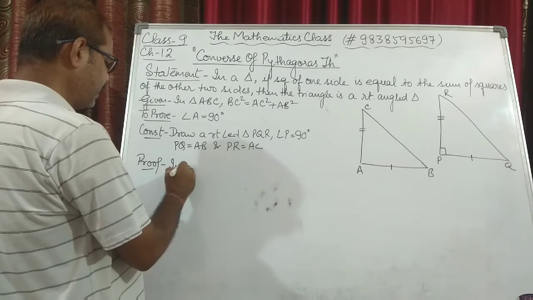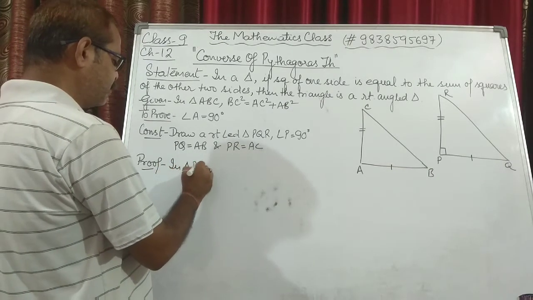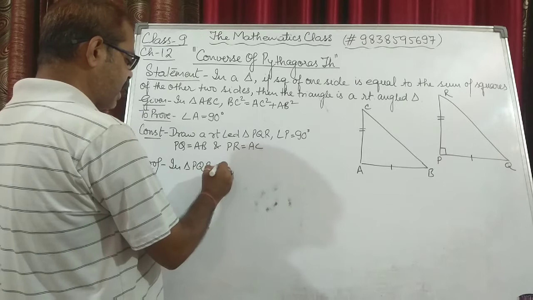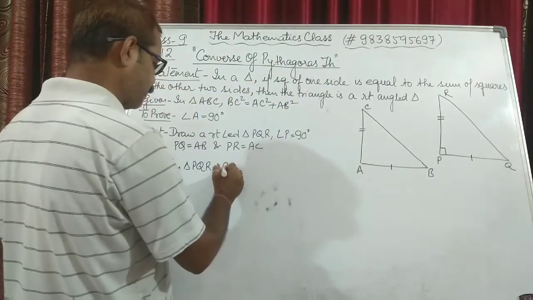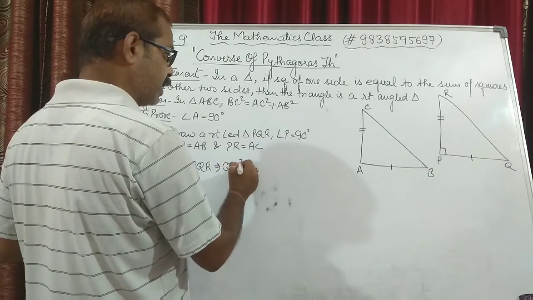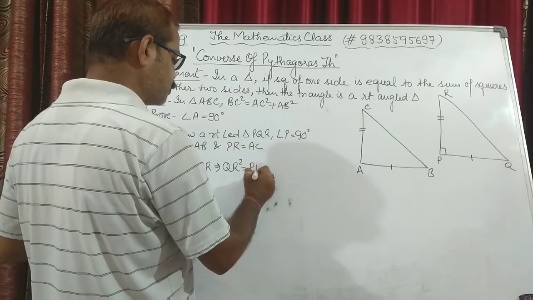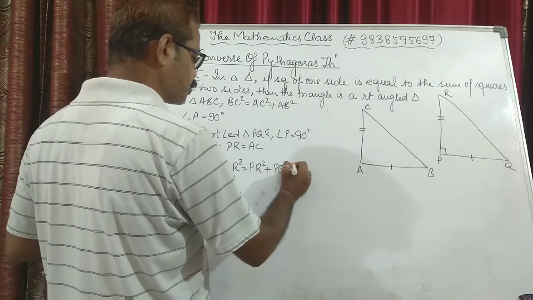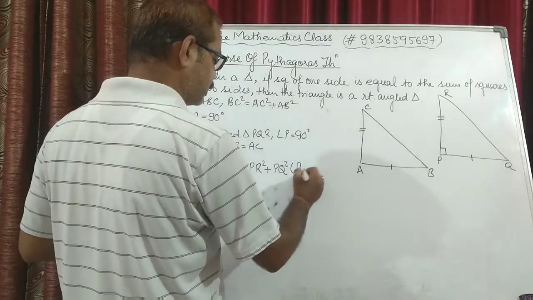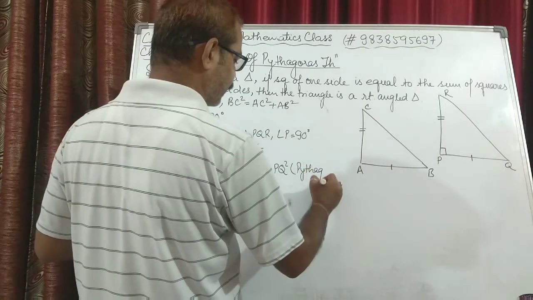So in triangle PQR, we can say that QR square is equal to PR square plus PQ square by Pythagoras theorem.